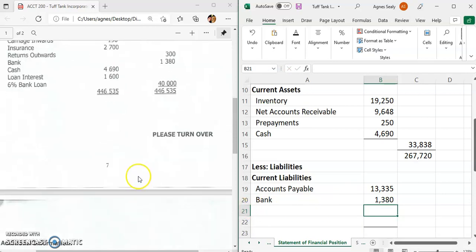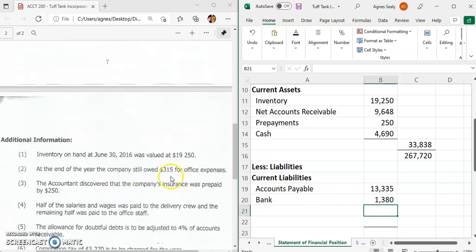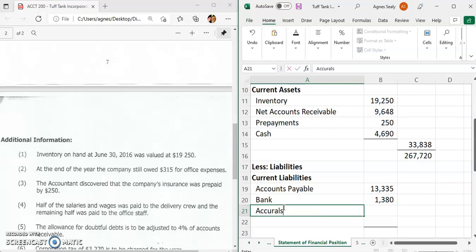And also in the question, we would have had accrued expenses. Now again, just like if you had prepayments, if you have multiple accrued expenses, you will just add them together and just call it accruals. But we only have one, which is the office expenses of $315, so put that.